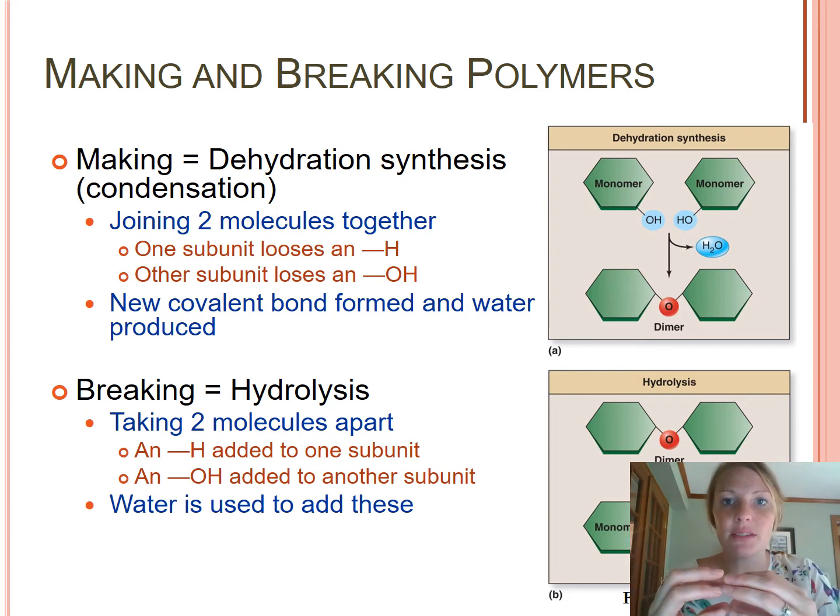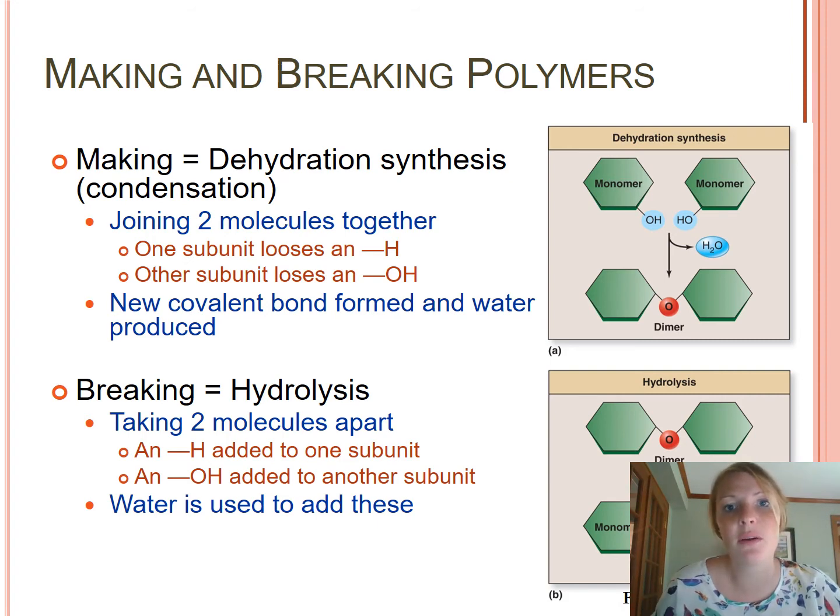In order for these to come together, we need to remove some of these hydrogen and oxygen. So these two monomers will come together, and off will come 2 hydrogen and an oxygen, and that forms water. What's left is an oxygen that can then bind these 2 monomers together to make a bond. And in doing so, we create a molecule of water.